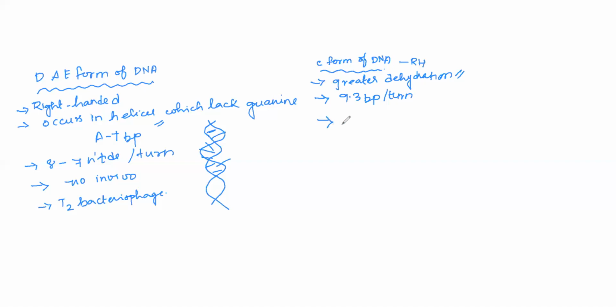The base pairs are tilted relative to the axis of the helix. So here the base pairs will be tilted relative to the axis of helix. Okay.